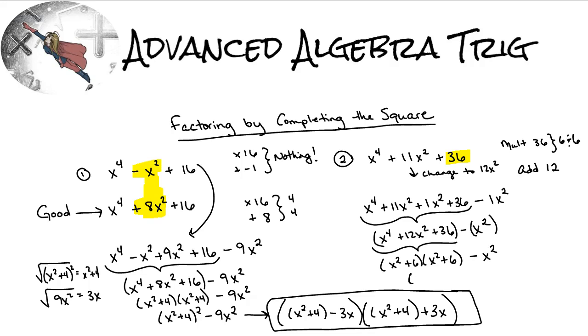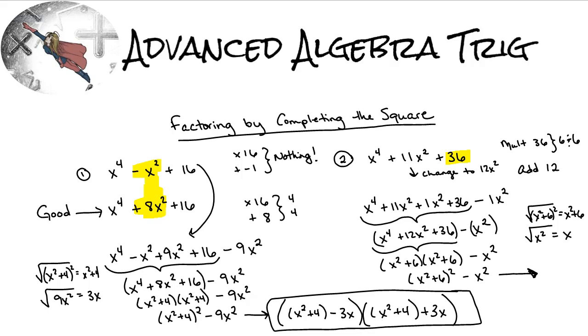So these two you could just say are x squared plus 6 squared minus x squared. And then we're going to do factoring this by square roots. And here's the little work to the side. The square root of x squared plus 6 squared is x squared plus 6. This part I'm sure you can do in your head, and then the square root of x squared is x.